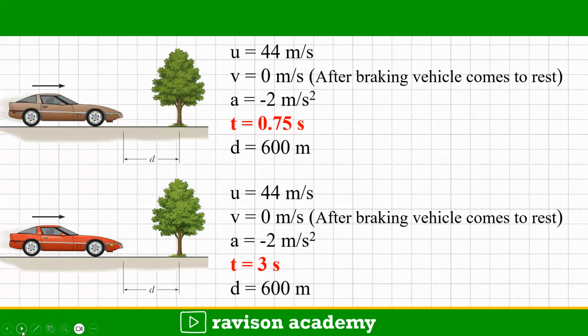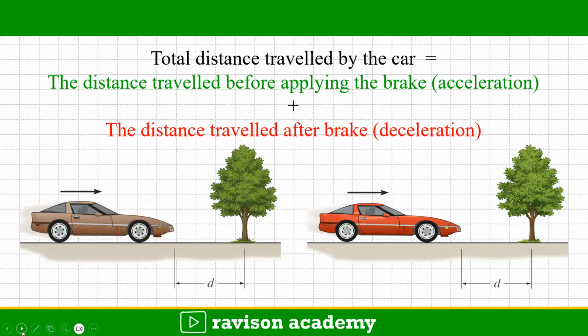The time taken by the normal driver to react and apply the brake is 0.75 seconds, and the time taken by the intoxicated driver to react is 3 seconds. The distance between the car and the tree is given as 600 meters. The total distance traveled by the car is the distance traveled before applying the brake plus the distance traveled after the brake.